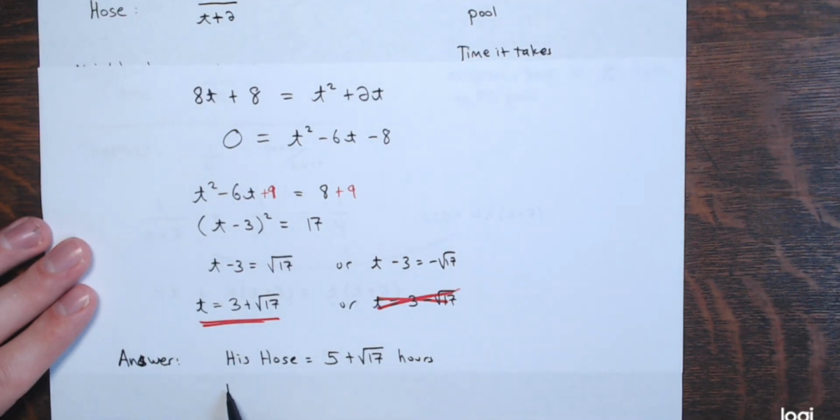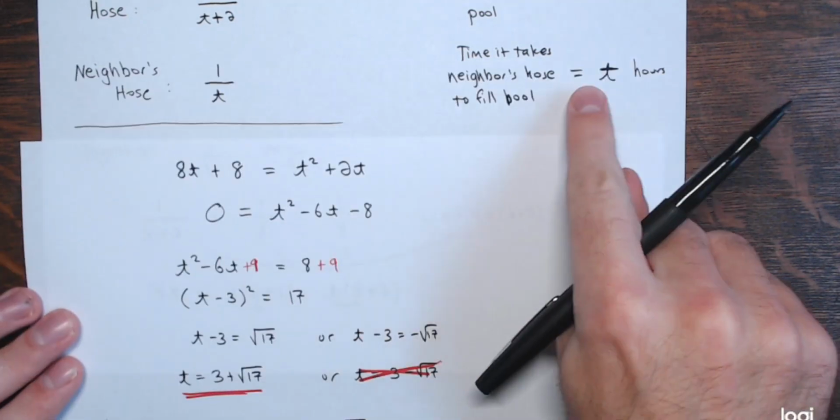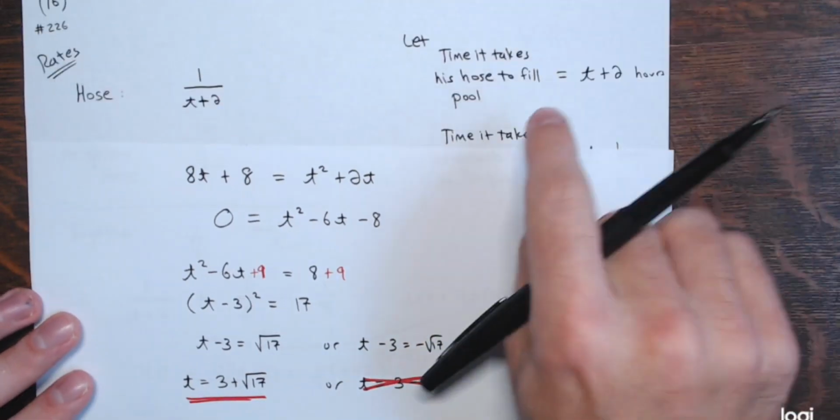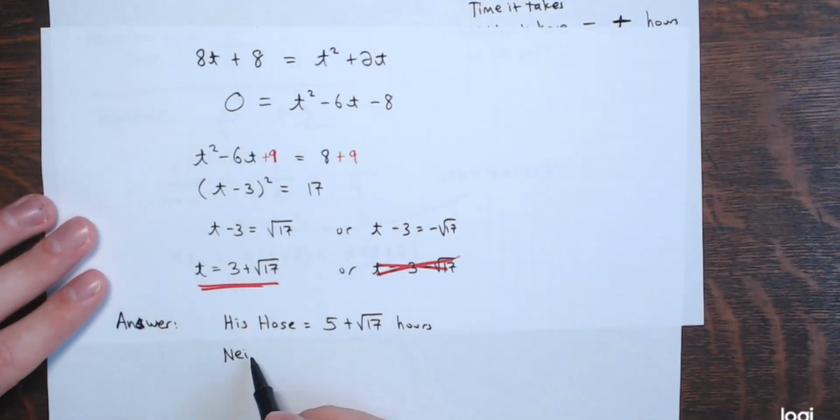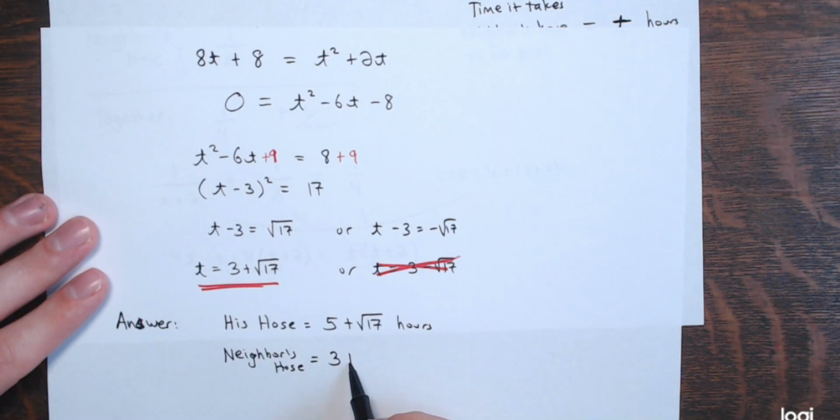And the neighbor's hose, remember neighbor's hose I called t hours. Sully's was t plus 2. The neighbor's hose takes 3 plus the square root of 17 hours to fill the pool.